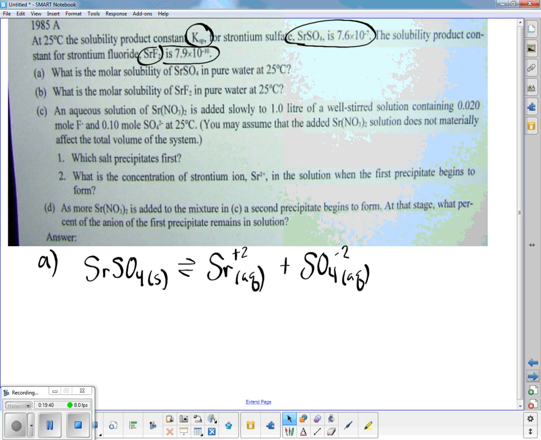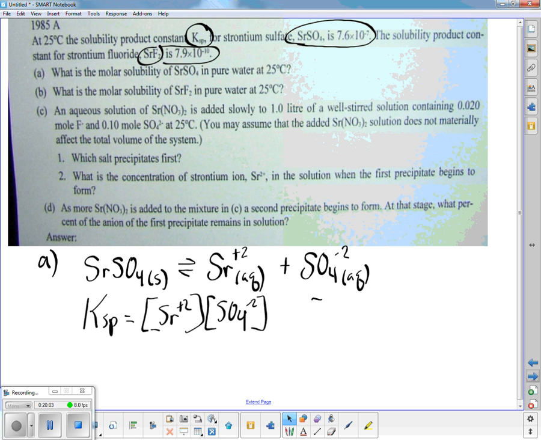So if I were to write the KEQ for this, actually it's going to be KSP, right? KSP because it's K of solubility. It's going to be equal to the concentration of Sr+2 times the concentration of SO4-2. It's a 1-to-1 relationship, right?